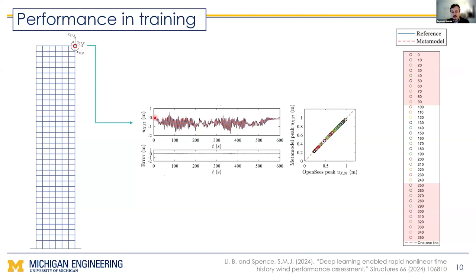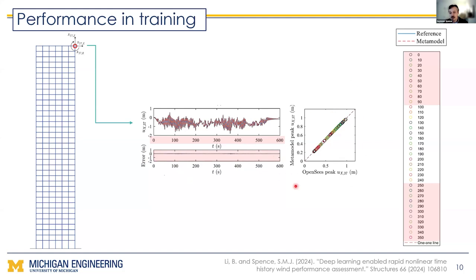As you can see, this entire stochastic excitation over these 600 seconds, so these 10 minutes, is really well predicted. So you're predicting the entire nonlinear stochastic response of the system. And this is just for one sample. This is the error. So you've got no error accumulation over these 10 minutes. Now, obviously, this is just for one sample.